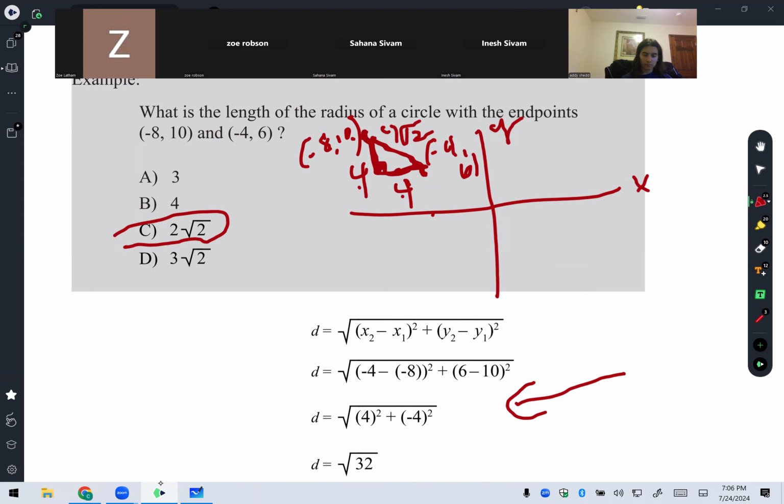What about you, Inesh? I'd use the distance formula. Okay, and Addie? Oh, she doesn't have a voice. I'm so sorry. It's all right, honey. We can see you. Okay, so whichever way you feel comfortable with.